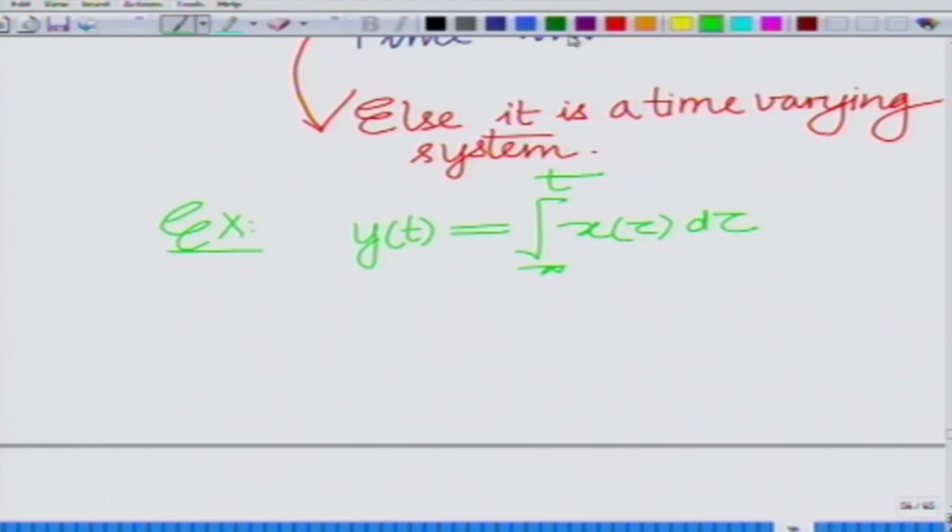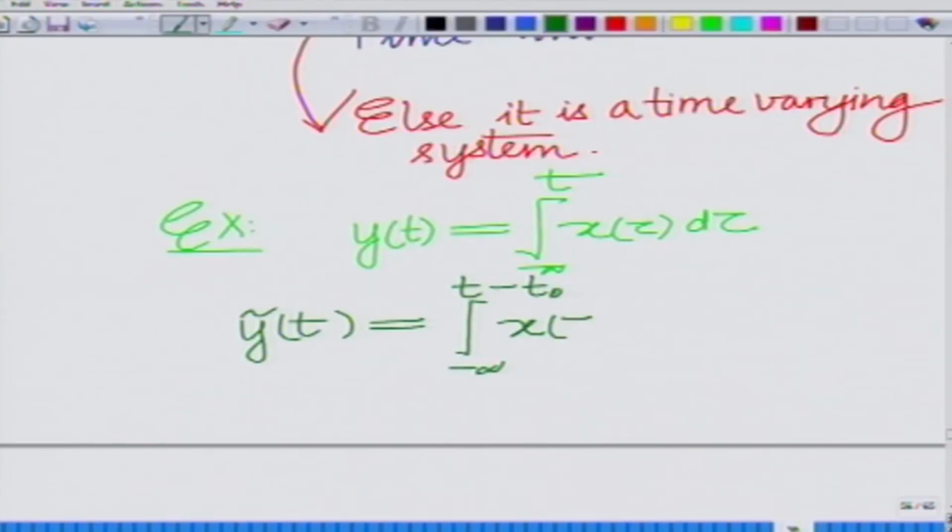For instance, if you substitute x(t minus t0), let us call the output y tilde of t, which is simply the integral from minus infinity to t minus t0. Let us make this t naught, just to distinguish it from the integration variable. So, I am shifting this by t0.